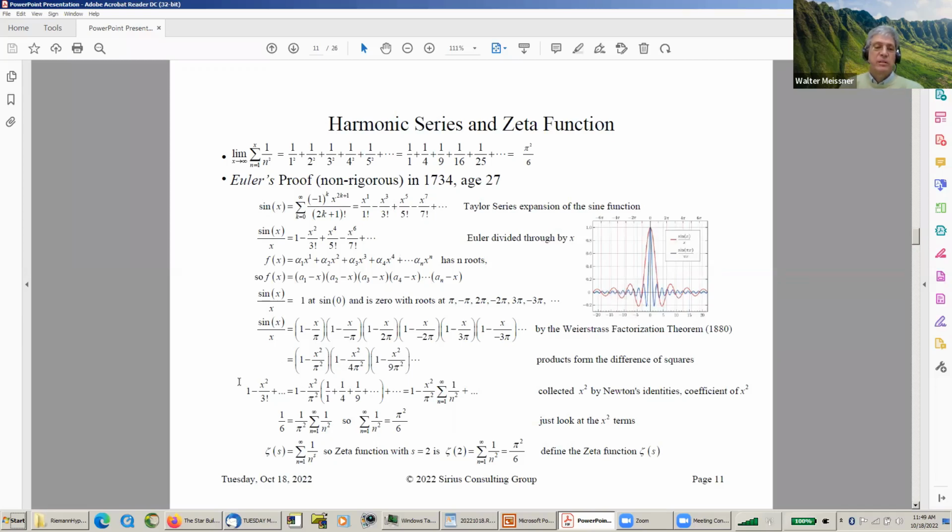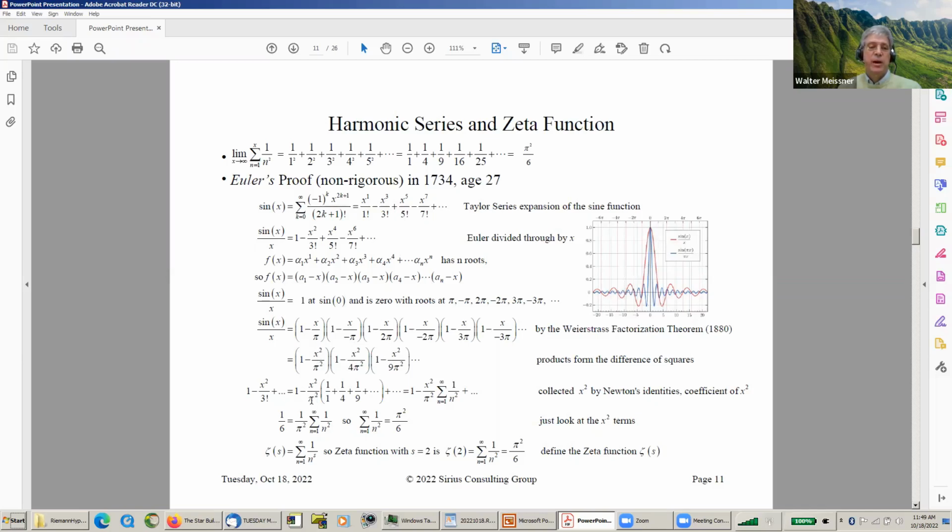But if you just look at the x squared term, you can collect the x squared terms by Newton's identity. So you have x squared over pi squared, and then if you notice these products, the coefficient here is 1 over pi squared, 1 over 4 pi squared, 1 over 9 pi squared.